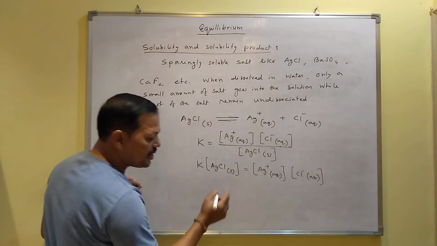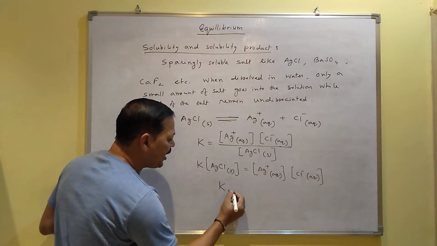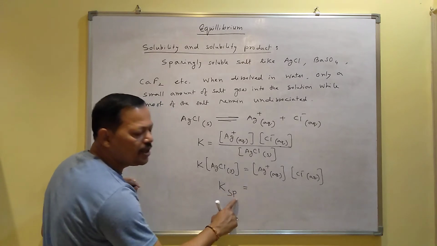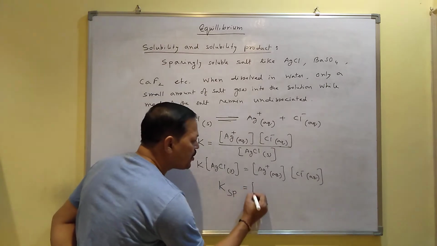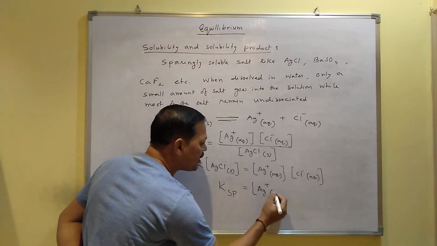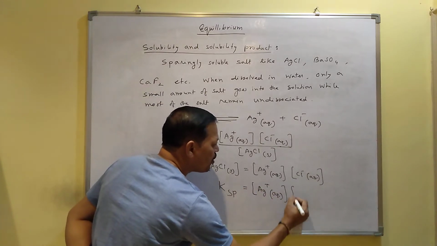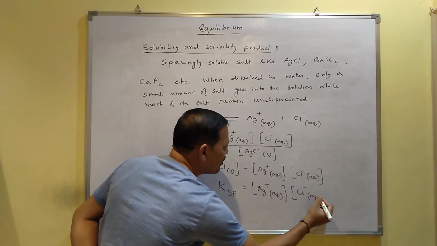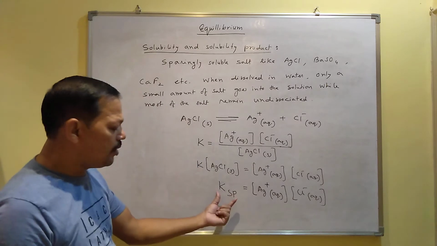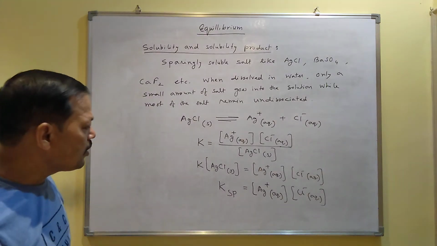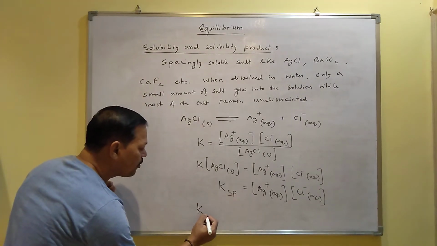This is equal to the concentration of Ag plus aqueous into the concentration of Cl minus aqueous. This K into AgCl you can write as KSP. SP means solubility product, and this is called the solubility product, KSP. KSP is equal to the concentration of Ag plus ion aqueous into the concentration of Cl minus ion aqueous. So this is the process to find out the KSP.